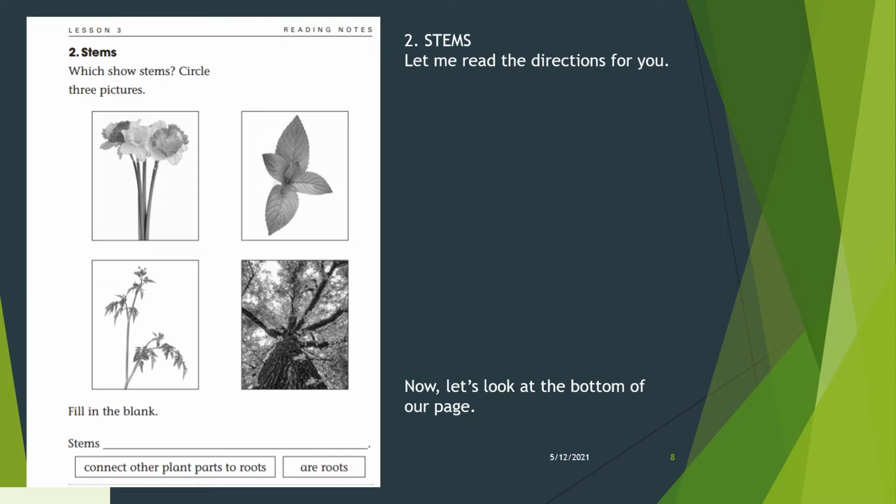Hopefully you know which one of those makes more sense. Let me read it one more time and you copy the words that you believe are correct. So, connect other plant parts to roots or are roots.